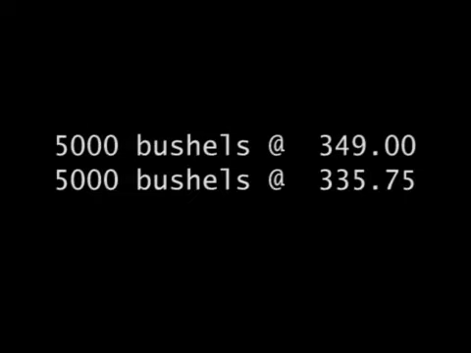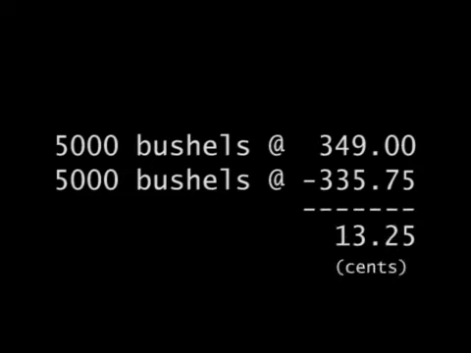So we bought it at $335.75, and we sold it at $349. Easy so far? Subtract the long position from the short position to get the change in price, which is $13.25. That's 13 and 1/4 cents. And yep, that's our gain, 13 and 1/4 cents.